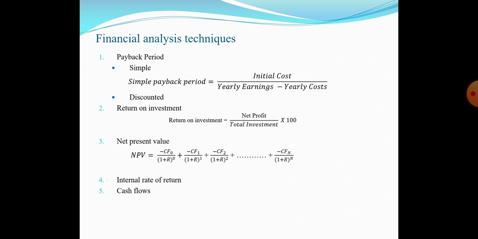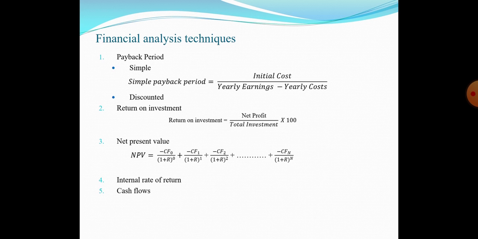Then discounted payback period, that is if the value of time is involved, the amount we are giving today will have more value in future. So by also calculating the rate of interest in that, and the payback period is calculated, then that is called discounted payback period.